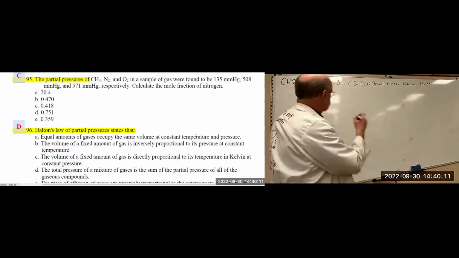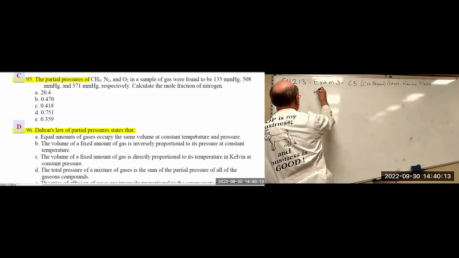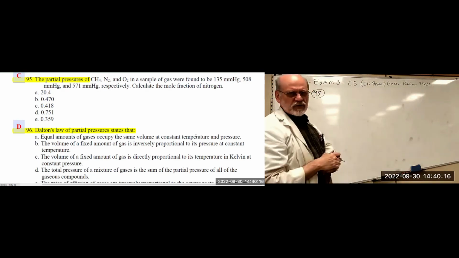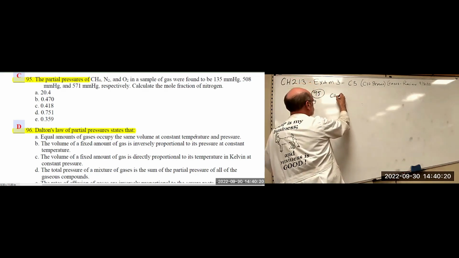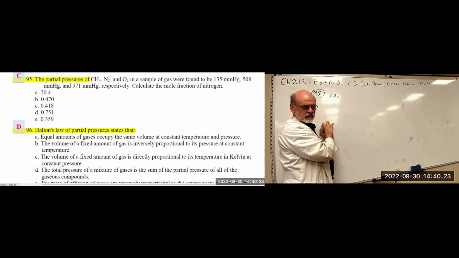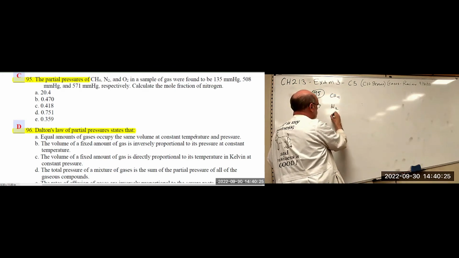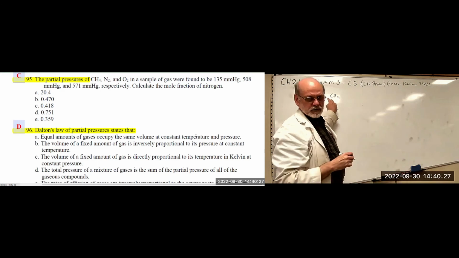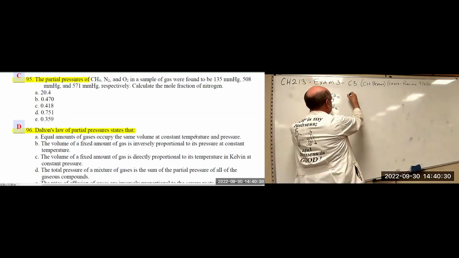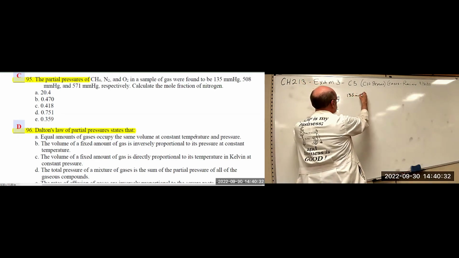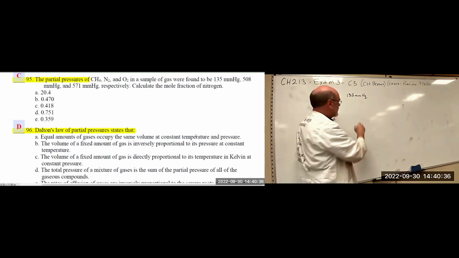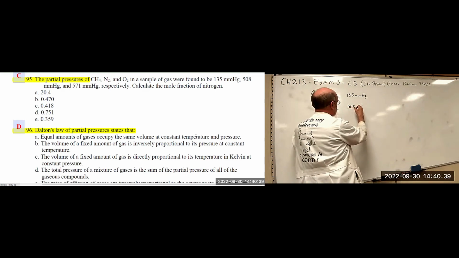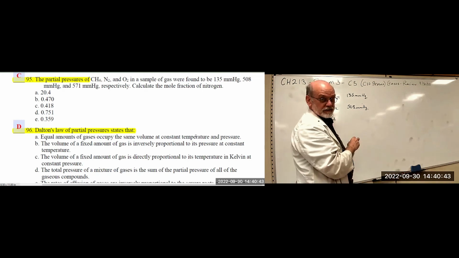Oh, 95 is too easy. The partial pressures of each of these gases, CH4, N2, and O2: this one is 135 millimeters of mercury, N2 is 508, and O2 is 571.